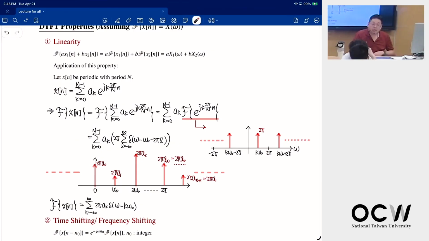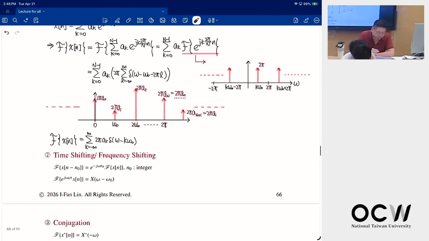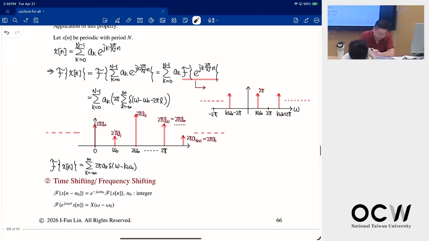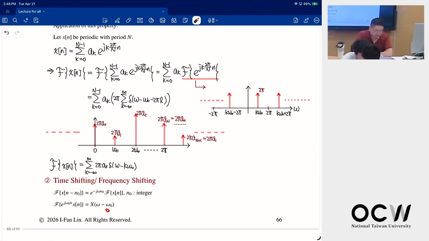Next, let's see the time shifting or frequency shifting property. If I have a delay in the time domain, what happens in the frequency domain? The phase changes, but the magnitude is still the same. If I shift in the frequency domain, it's similar, but this one we know is modulation. In the time domain, we multiply by a complex exponential or just cosine or sine. We will see that later. This is called modulation.